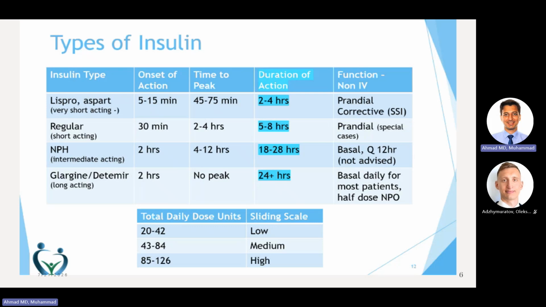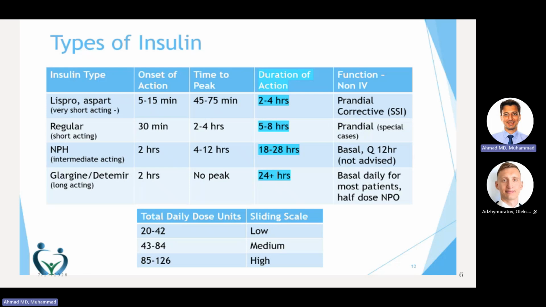But for instance, you can use them in, let's say, a patient with continuous tube feeds, right? So they're not getting that bolus carb, and you want something that's a little more long acting every 4 to 6 hours. That's an example where you can use NPH for a patient on continuous tube feed. So there's roles for the other ones, but Lispro you're going to see a lot, glargine you're going to see a lot.